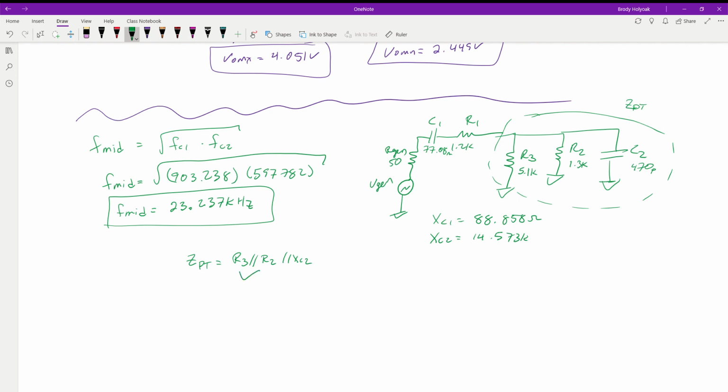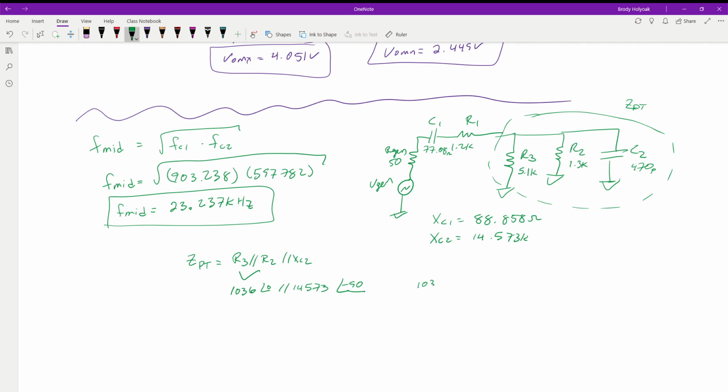This is 1036, and since we've already found that value several times, I can save myself some hassle. So we've got 1036 at 0 in parallel with 14573 at negative 90. We have two branches, so I'm going to use the product over the sum to save a little work.